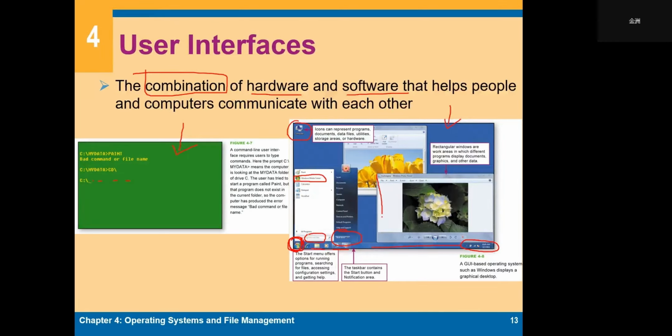So this, as we have already said, we call a window. A window is usually in a rectangle shape, and it is a working area in which different programs display documents, graphics, text, contents, or other specific data. So this is how the user interface is represented in our computer, provided by the operating system.